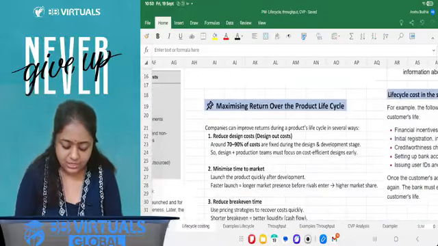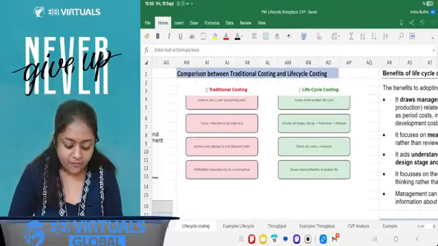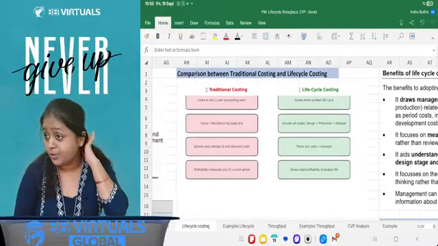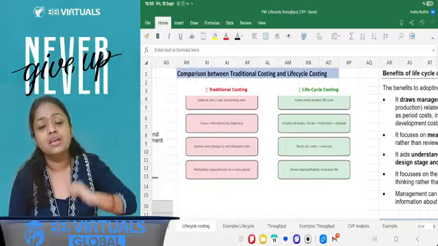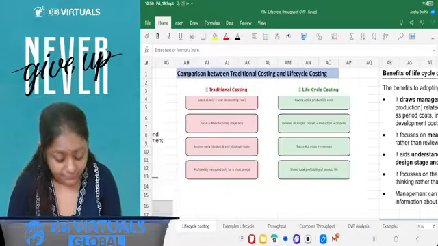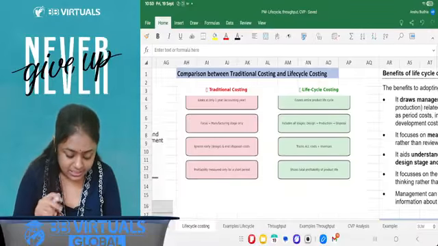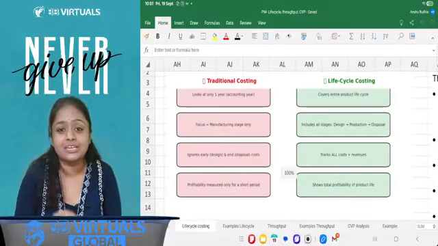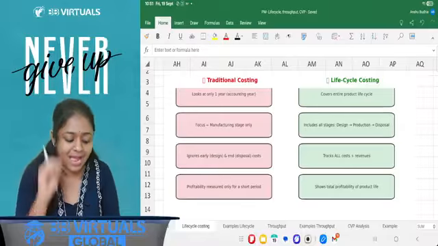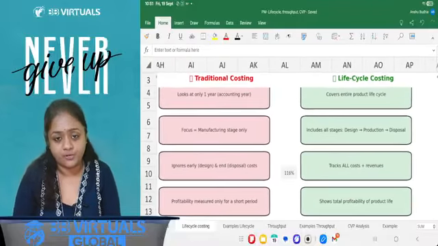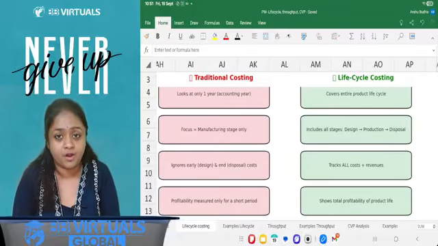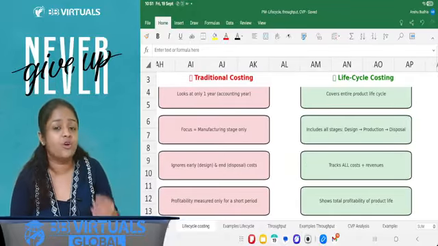So this is just a difference that I've taken for looking into traditional costing and life cycle costing. Now guys, traditional costing generally just looks at 1 year or at max 2 years to see the profits or the costings of a product, right? We do accounting for only 1 year.